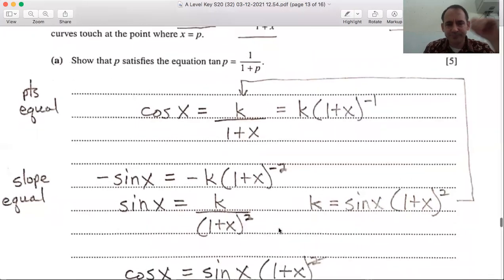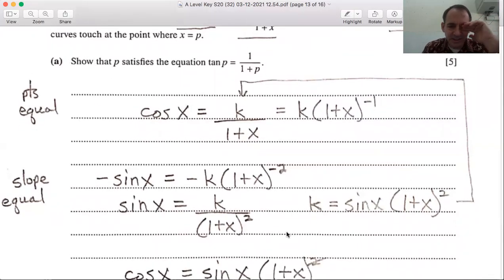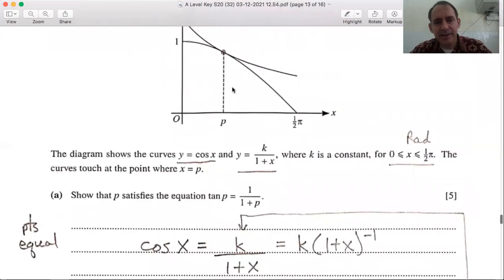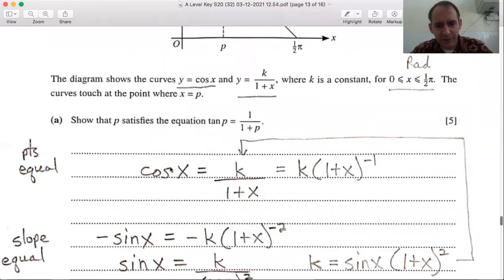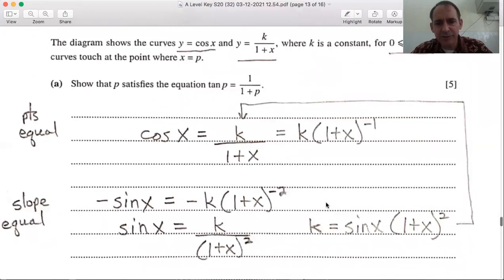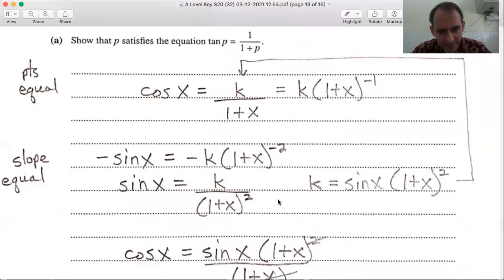Well, one of the things that you probably would recognize is that these two equations meet or intersect at this point. So you set one equation equal to the other, and you can get it down to probably this point right here.